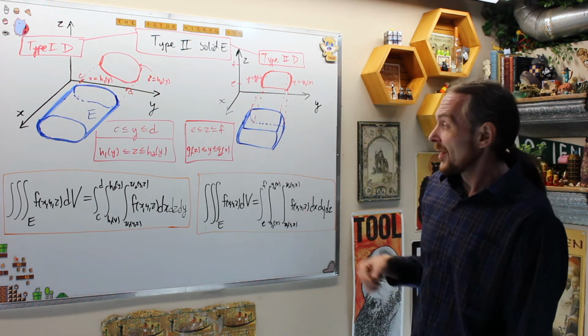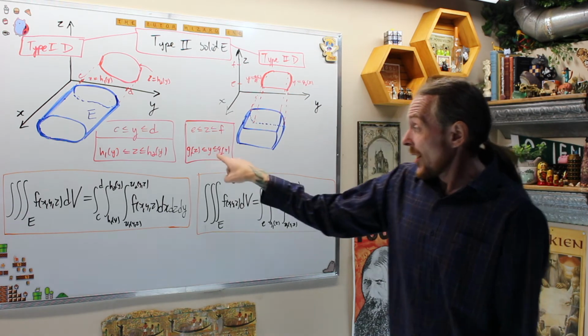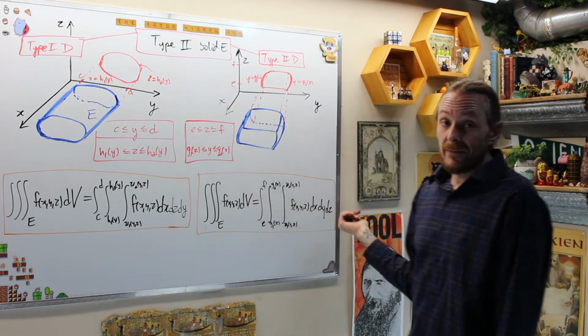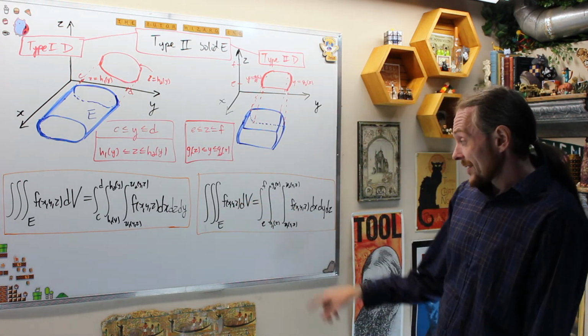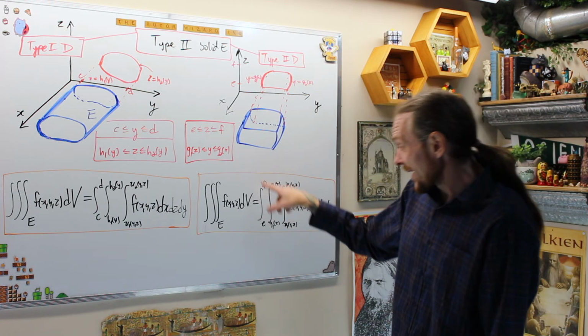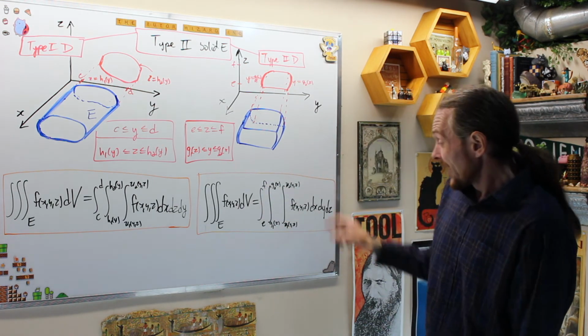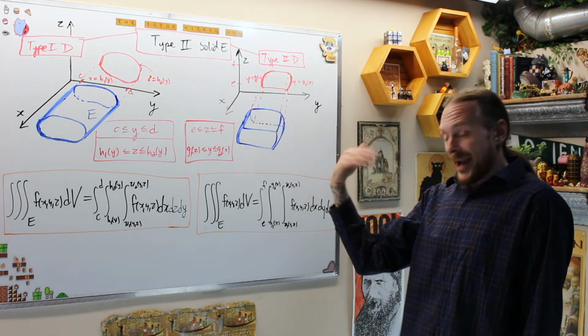But really what we're saying is z goes from two numbers e and f, and then y is going from two functions of z, and we're going to get that we can phrase that triple integral over E of f of x, y, z as the integral from e to f, the integral from g1 to g2 of z, and then the integral of u1 and u2 of y and z.